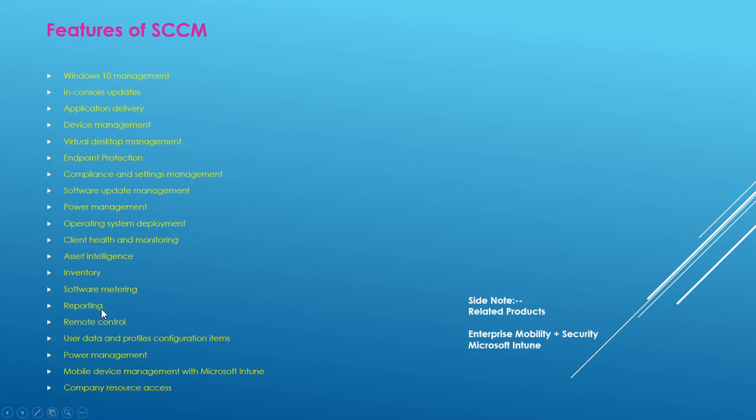The next option is operating system deployment. You can deploy Microsoft operating systems, for example Windows Server, or Windows client operating systems such as Windows 10 or Windows 7. In fact, Windows 7 is going to expire in the next year.